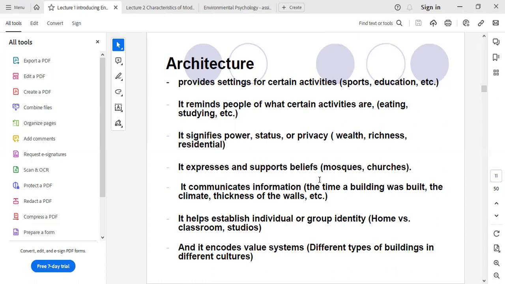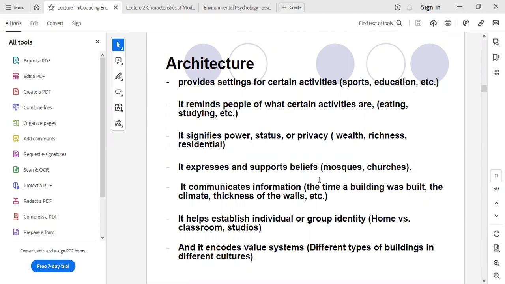This applies to most churches and anything in relation to places of worship, including traditional areas, shrines for religious purposes and also for traditional purposes. It also communicates information, such as the time a building was built, the climate, the thickness of the walls, and so on. There are some buildings that are well celebrated because of the age they have gone through, so it communicates such information.